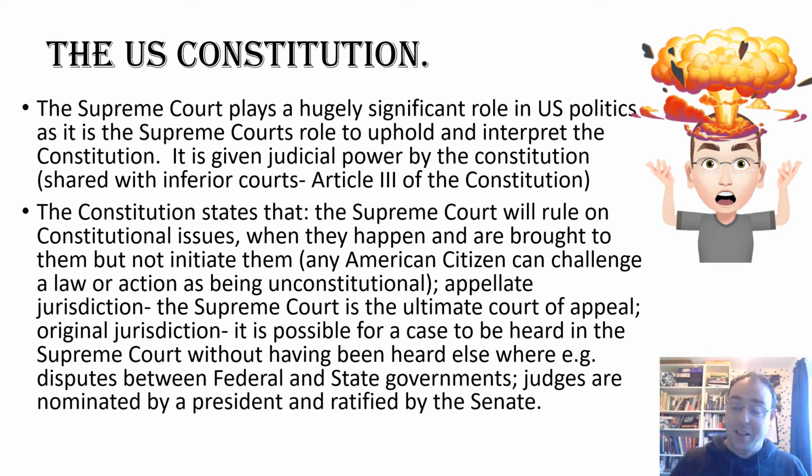It also can have a form of original jurisdiction, so it is possible for a case to be heard in the Supreme Court without having been heard elsewhere before. So it's not just an appeal court. And that is particularly true when it's hearing, for example, disputes between federal and state governments.